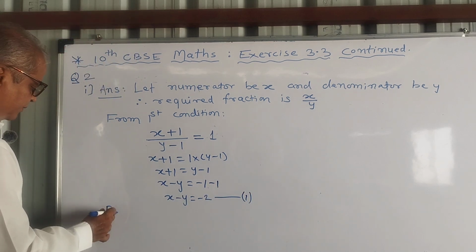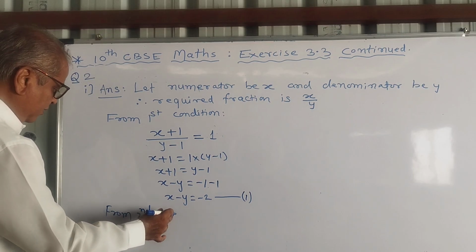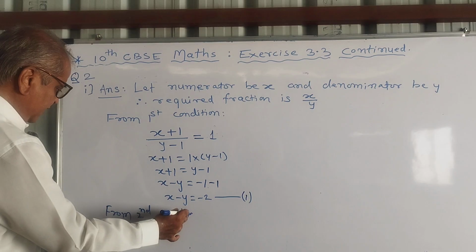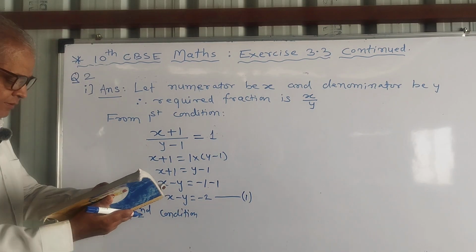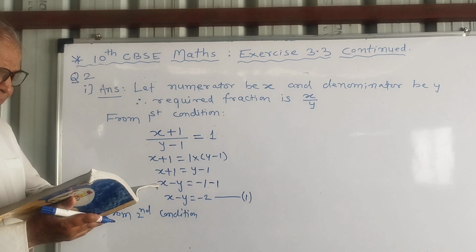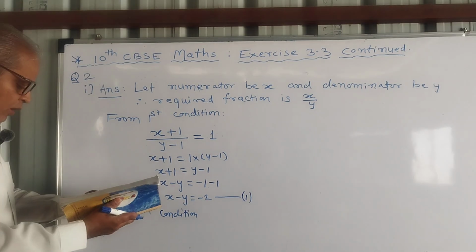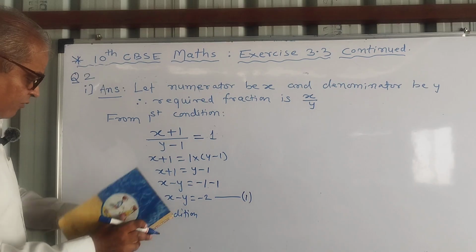Now from the second condition, what is the second condition? It becomes 1 upon 2 if you only add 1 to the denominator. Add 1 to the denominator.